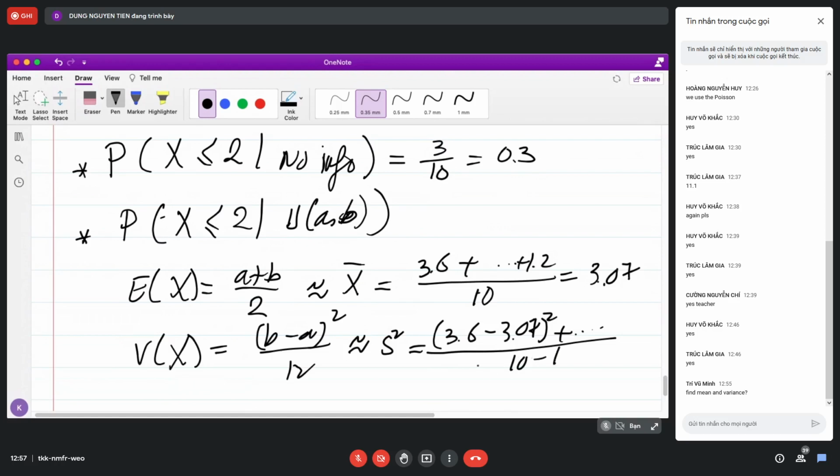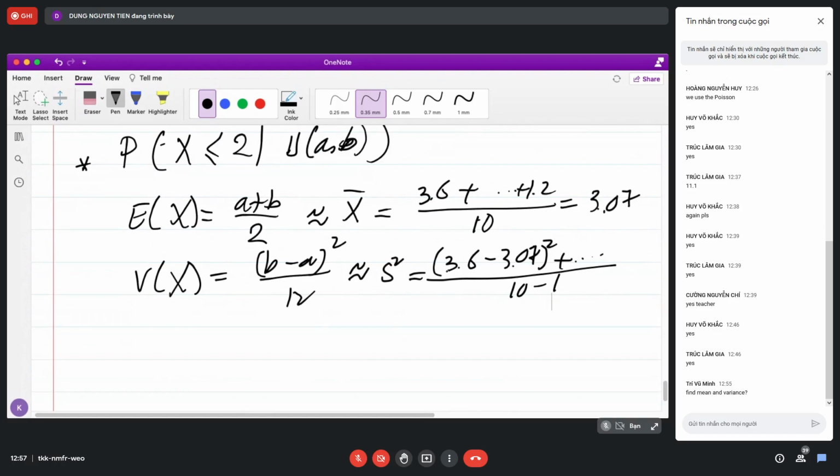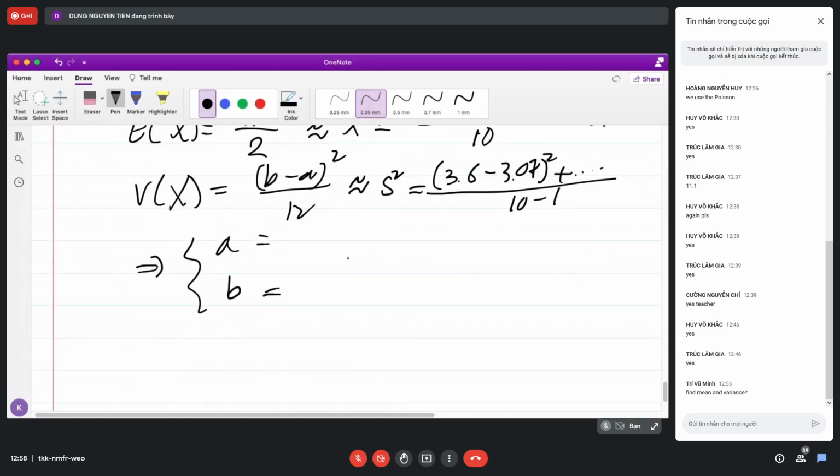S squared is the sample variance, and you use that to approximate the population variance. And after that, you have two equations for A and B. Then you can solve for A and for B. Okay? Do you understand? And you can see that B and A are these two numbers. Okay? So you can find A and B.